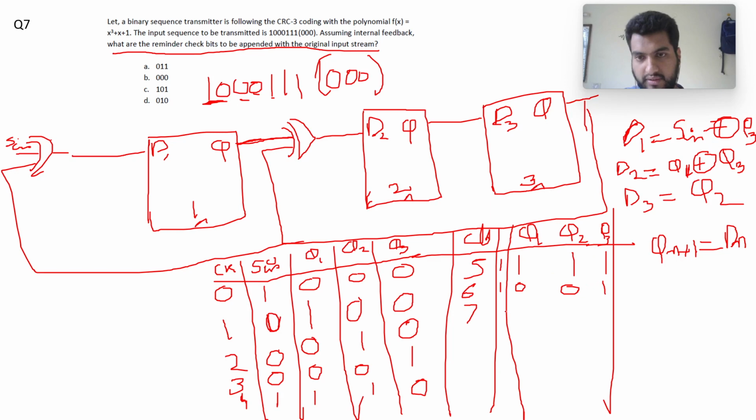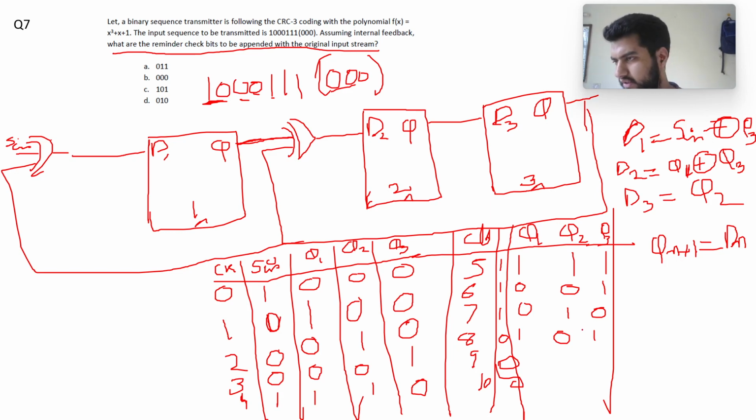For 7 it will be 1, 1 XOR with 1 is 0, 0 XOR with 1 is 1, and this will be 0. Then 8, 9, 10 will be 0 from these three. So 1 XOR with 0 is 1, 0 XOR with 0 is 0, and this will be 1, so for 8 it will be 0 0 1.